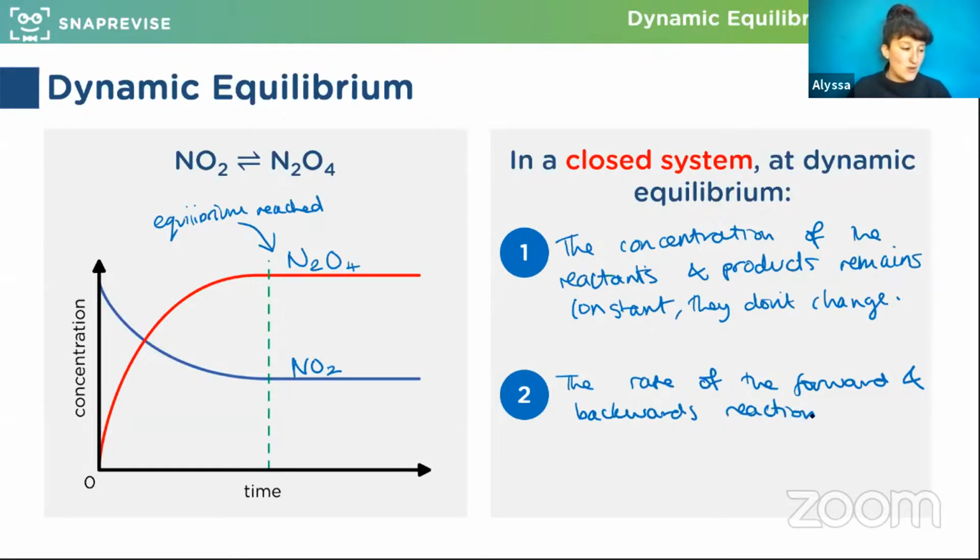They are equal. Good, very good. Are equal. That means we are making reactants at the same rate that we are making products. Fabulous, well done.